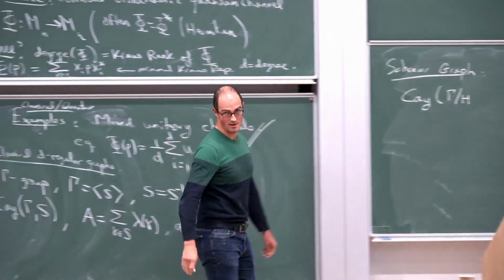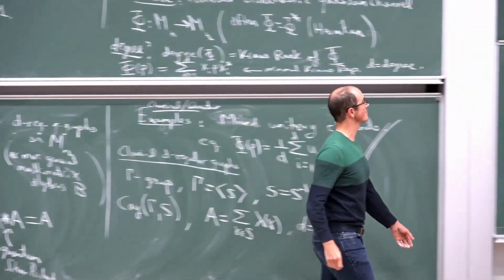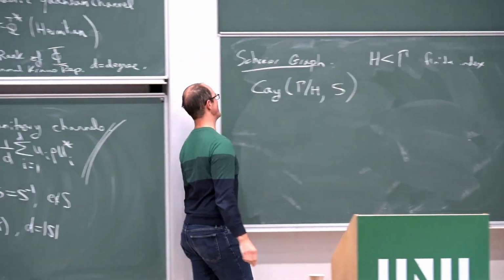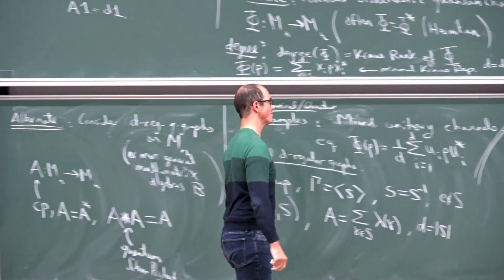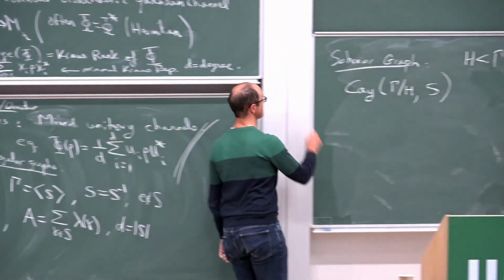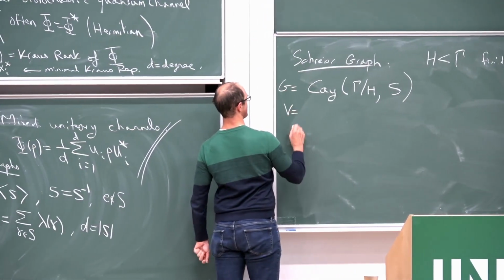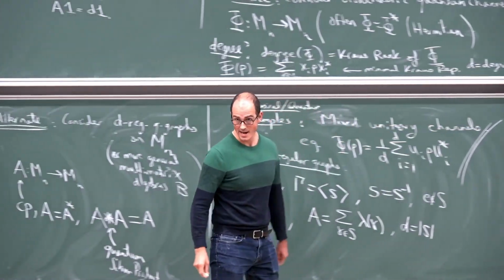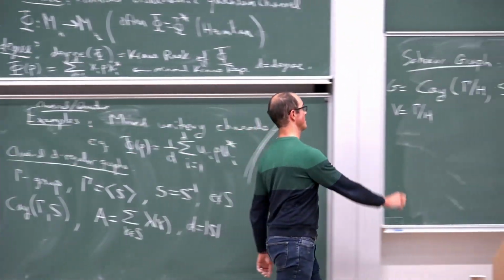The vertex set is going to be the quotient space, and S again is our generating set of the original group. So the vertices are just the set gamma mod H, which is now finite.